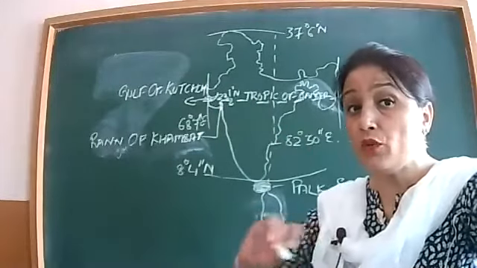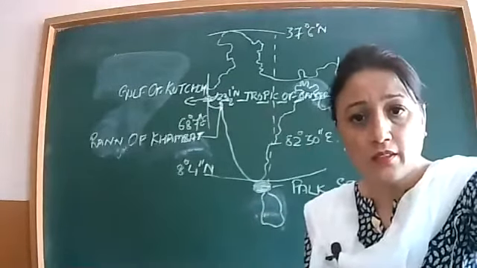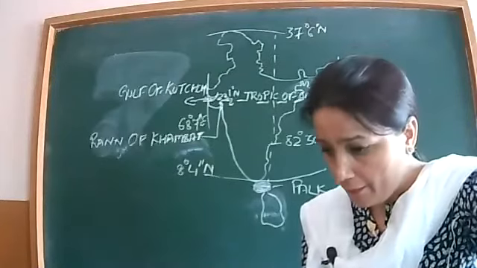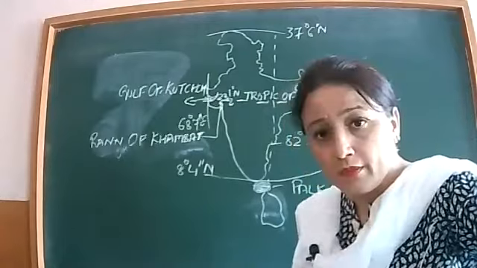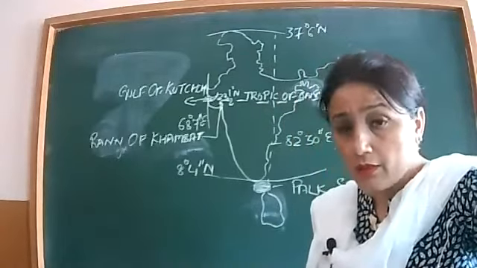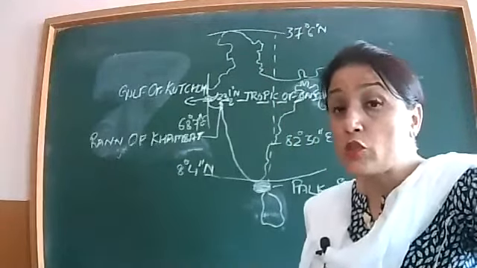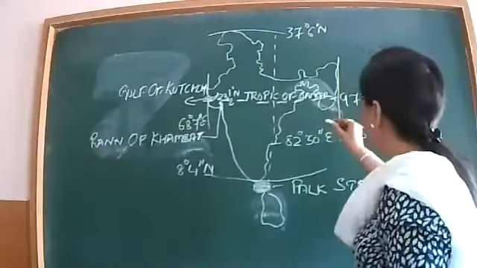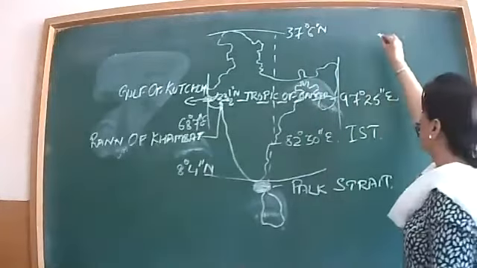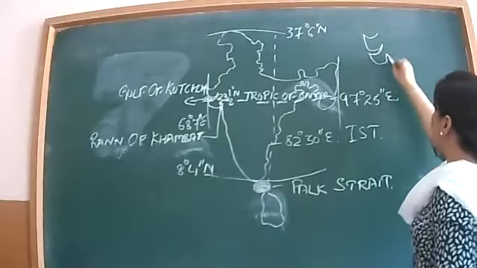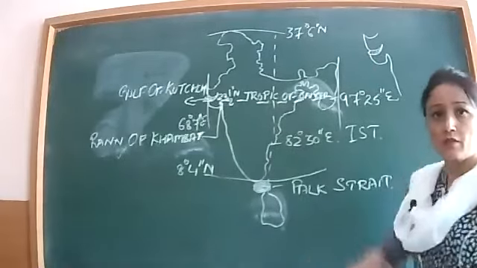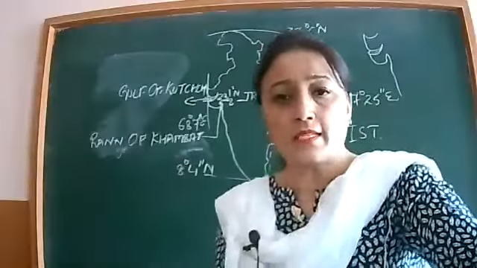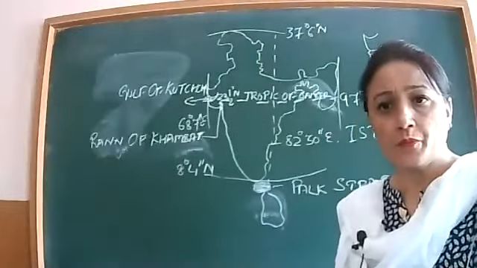Yes, Aisha? Ma'am, for the Gulf of Kutch, do we mark it where there is space, or in between the map? Where there is space, this portion. Say I'm making Gujarat here, so this is the Gulf of Kutch. Okay, ma'am.